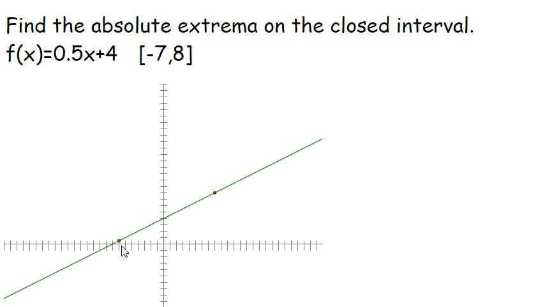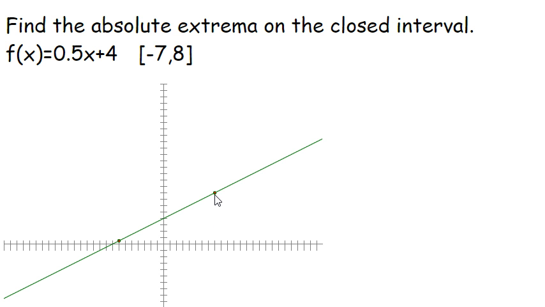So if we were to take -7 and plug it into this, and we write down that number, and then if we took 8 and plugged it in, then wrote down that number, we want to know which number is the smallest number, and which number is the largest number.